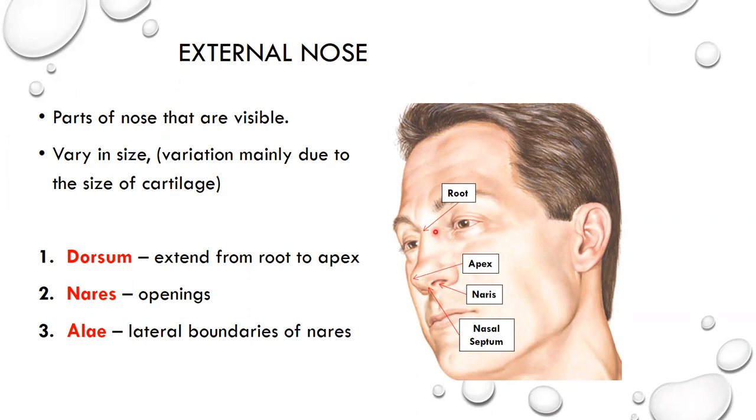Anatomically, the nose can be identified as the dorsum, which extends from the root of the nose until the apex of the nose. So this is the dorsum. The nares is the opening under the ala. Nares and ala, the lateral boundaries of the nares.